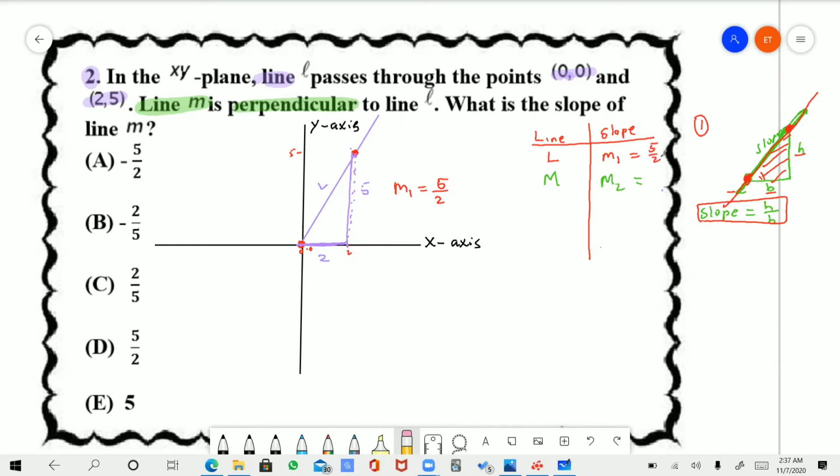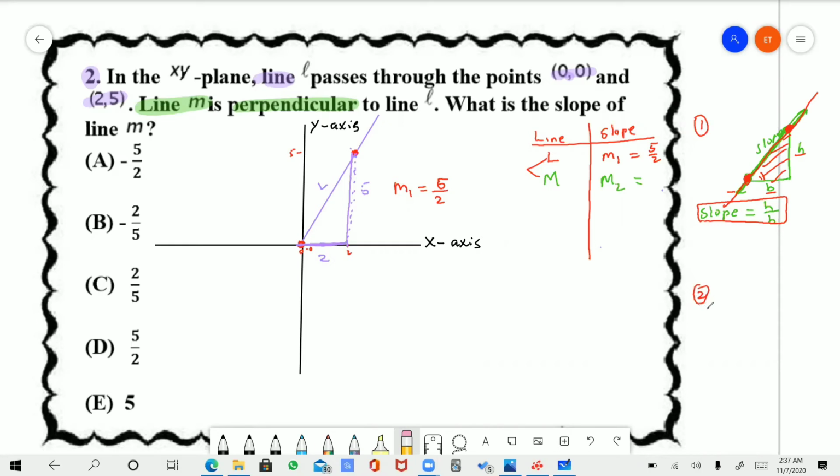Okay, but how do we connect the slopes? All we know is the slope of L. We don't know what the slope of M, M2, is. But what we know that relates the two lines is that they're perpendicular. And there's a formula that has to do with the slopes of two perpendicular lines. And that is equation number 2.